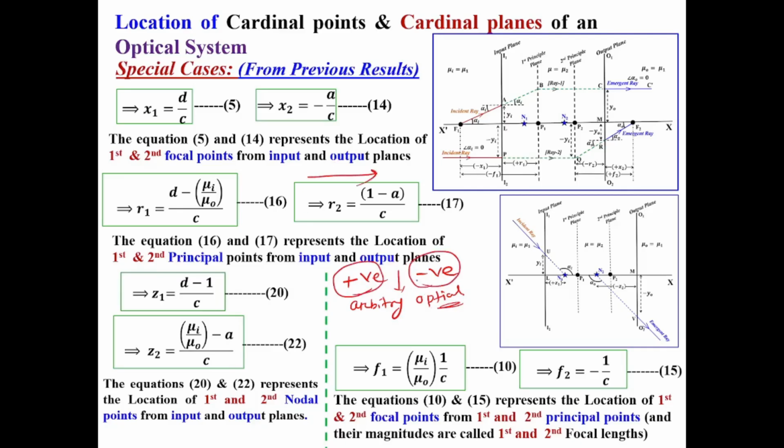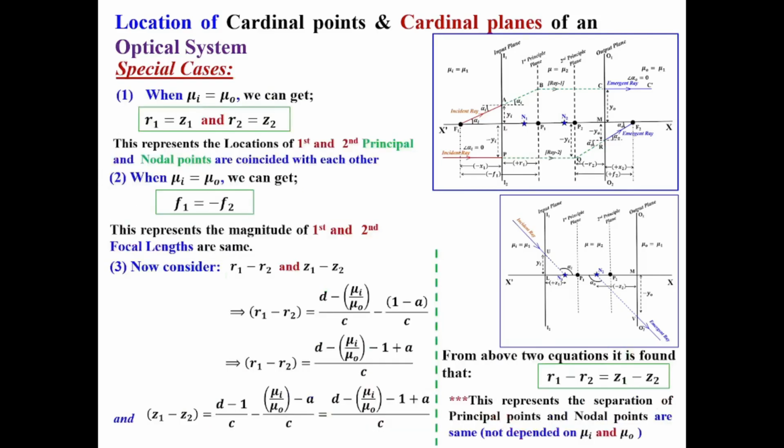If we get negative, we have to move towards left. Most important, just remember this one. Now the special case we consider is if mu I equal to mu o.